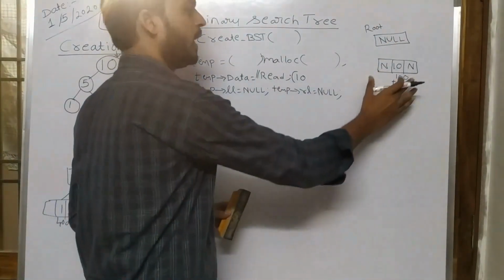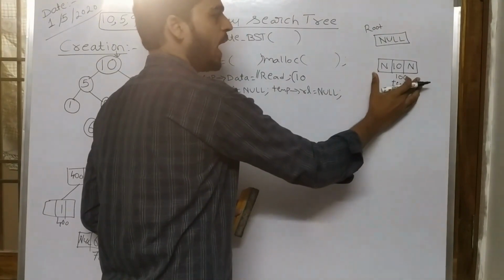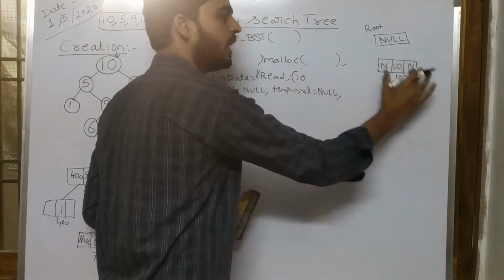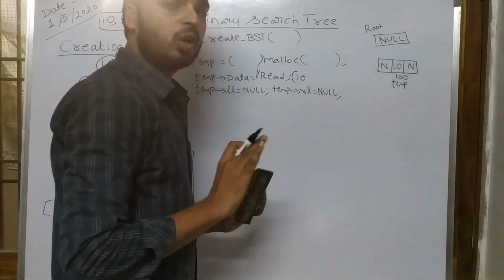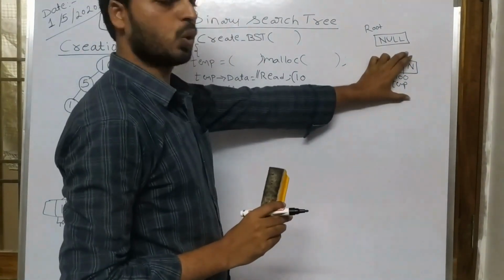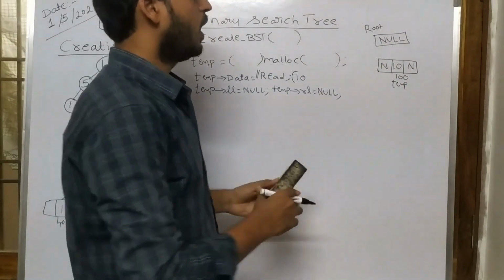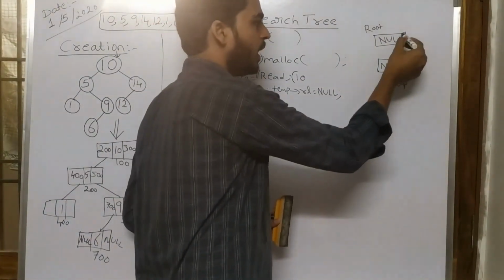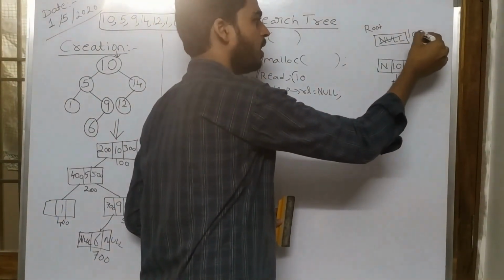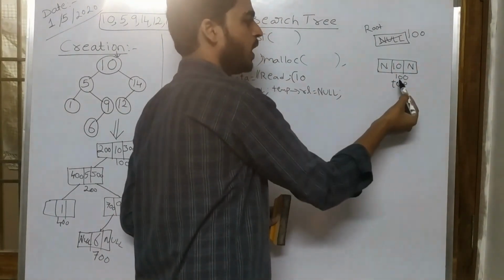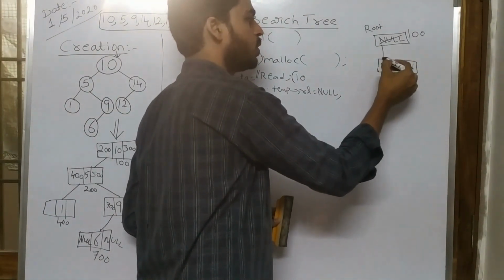Whenever I am going to create a node, what I need to do is check whether there exists any data or not. If there exists no data, this is the first node. If I want to make this the first node, I simply make the address 100 so that it will act as the root node.